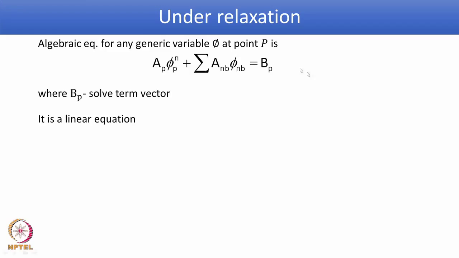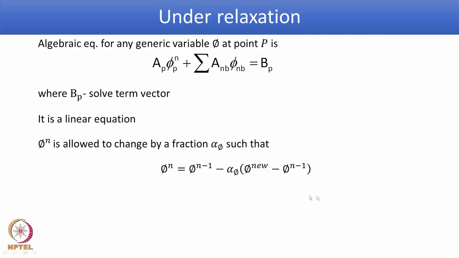So, this equation is a linear equation. Phi^n is allowed to change by a fraction alpha_phi in the way shown here. Phi^n is equal to phi^(n-1), that is the previously obtained value, plus alpha times the difference between the new value and the old value.